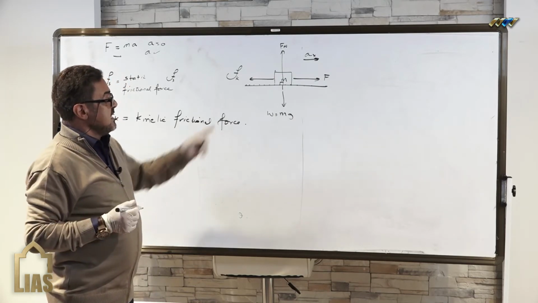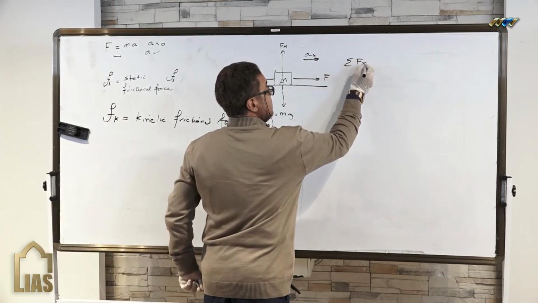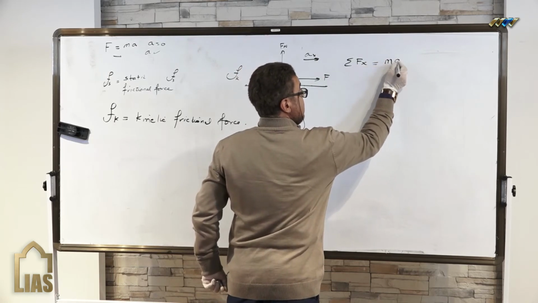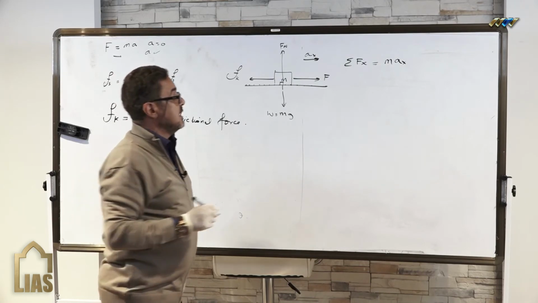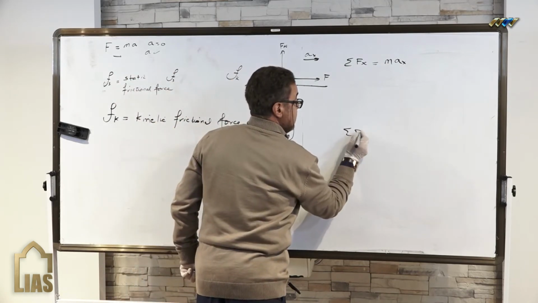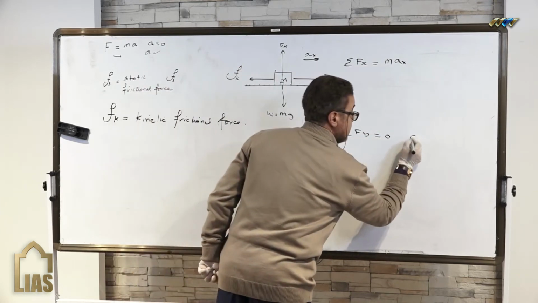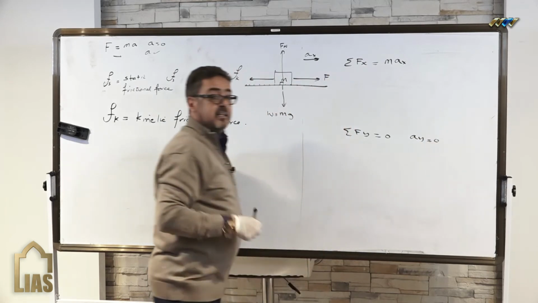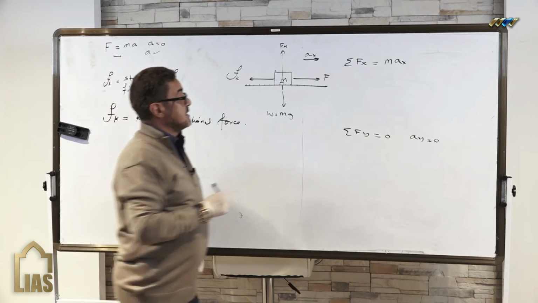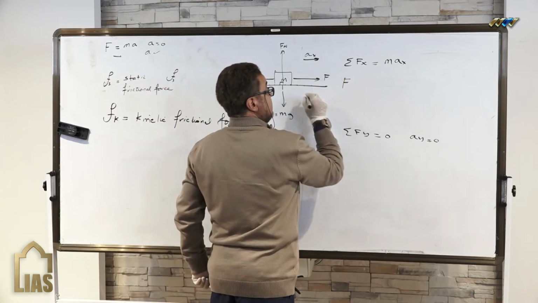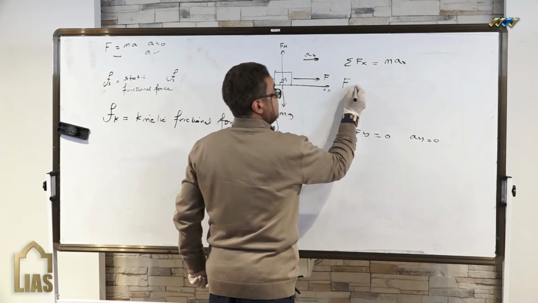Okay? In this case, we have sigma Fx is equal to max. In this case, ax has a value. Okay? And sigma Fy is equal to 0. There is no ay here, it is equal to 0. It's not moving in the y direction. What do we have in x? We have F, this is a plus x, and this is in minus x.